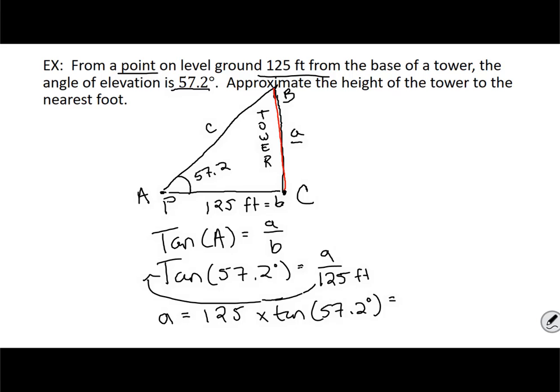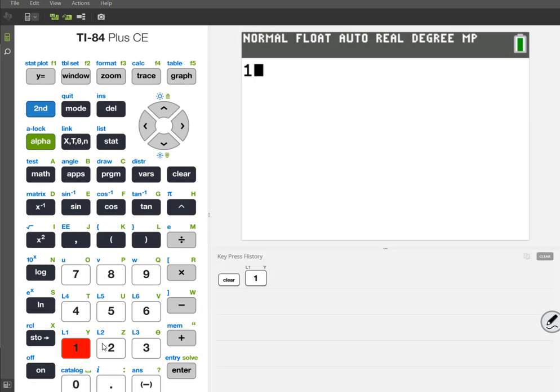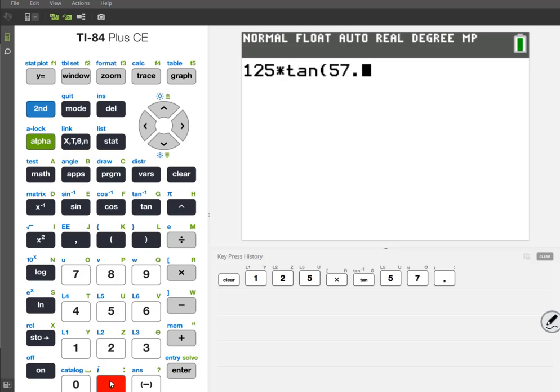Now I just need to plug that into my calculator. So 125 times tangent of 57.2. Let me make sure that is correct. Yep. Also I need to make sure that my calculator is in degrees, and it is.